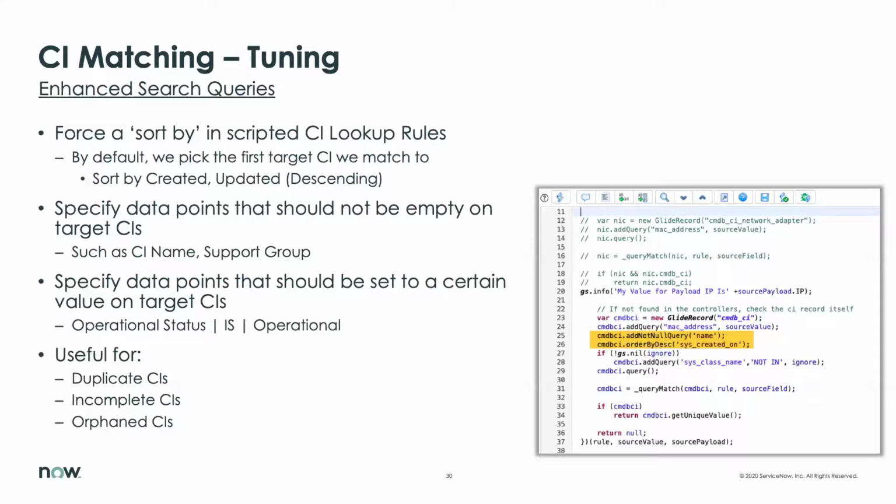You can also start to specify, if there's duplicates, don't give me the ones that we matched on IP, but there's no name, there's no support group. If I match to one of the 10 duplicates, don't give me ones that are retired, right? Give me the ones that are operational. So this is another cool tool we have to really tackle potentially duplicates, incompletes, and also the orphan scenario.